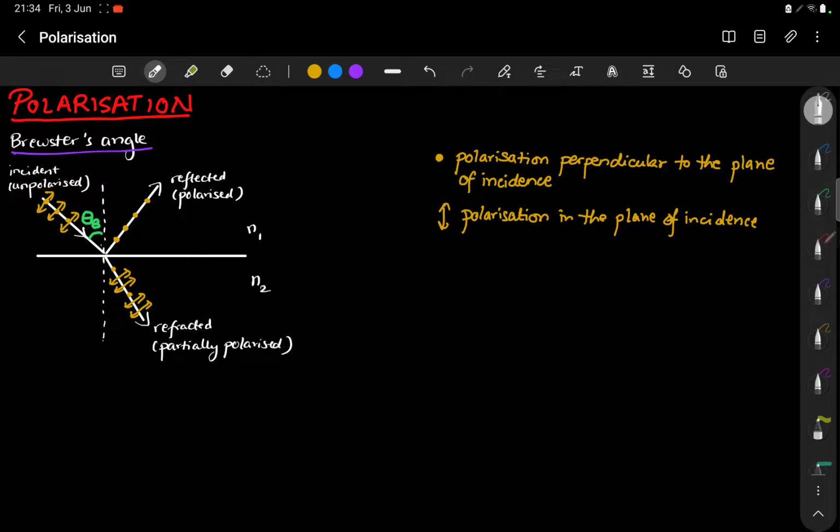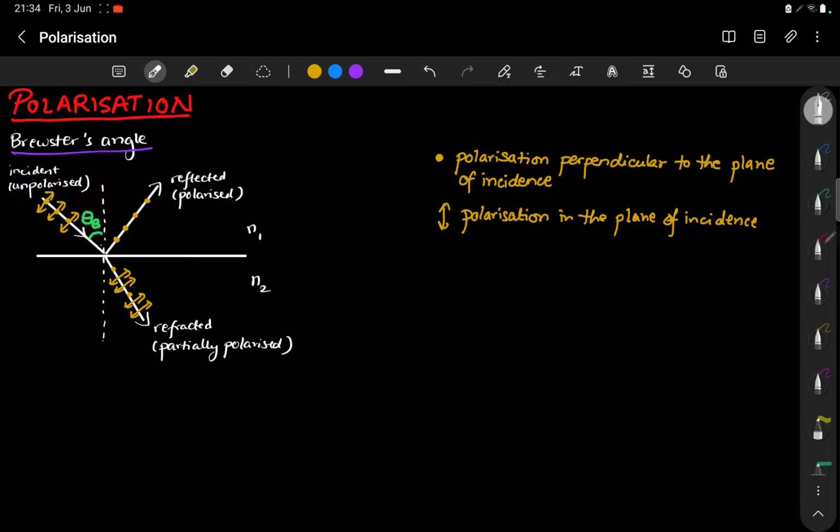So this is a feature of Brewster's angle, that if the ray is incident at an interface separating two media at a certain angle known as the Brewster's angle, then the reflected ray is going to be completely polarized, with polarization being perpendicular to the plane of incidence.